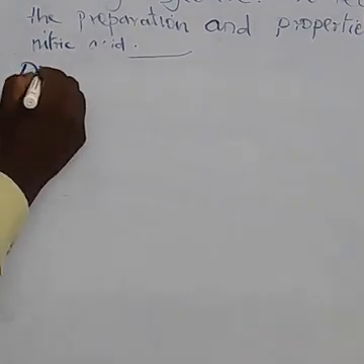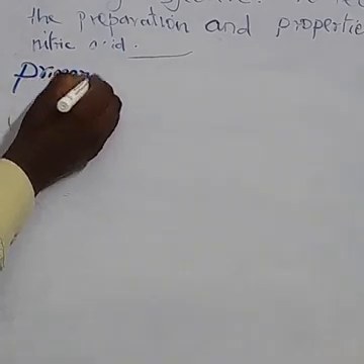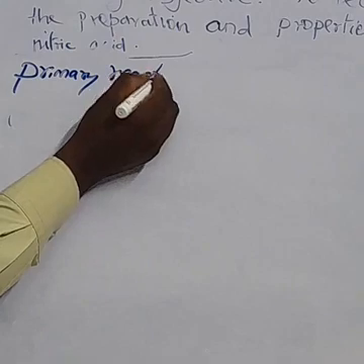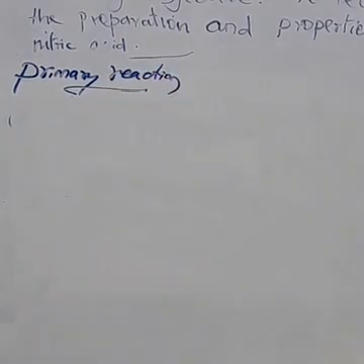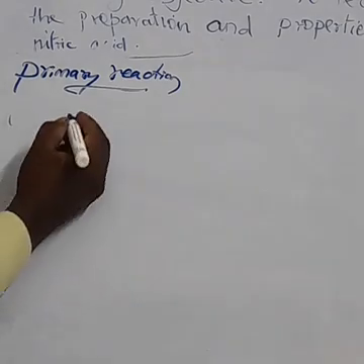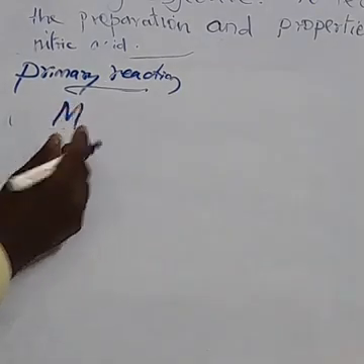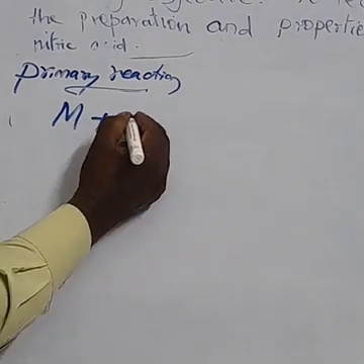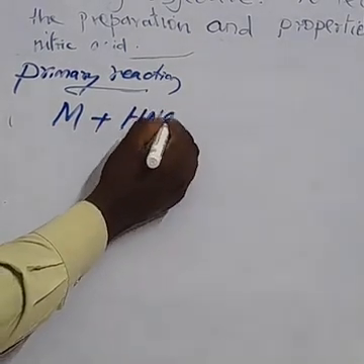The next one is the primary reaction. I told you that first the metal reacts with nitric acid. What is the first one? Metal. We take it as M. What does M refer to? Metal M reacts with nitric acid, formula HNO3.